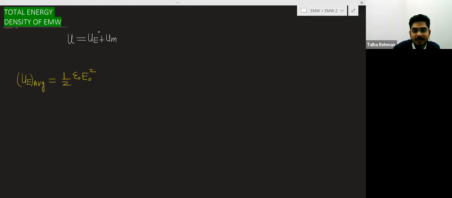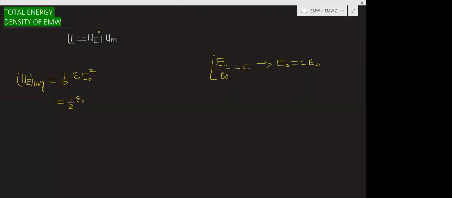Okay, so there is a relation between E naught and B naught, that E naught is equal to C into B naught. So instead of E naught, I can write C into B naught. So I can write half of epsilon naught, and this will become 1 by 4 epsilon naught.